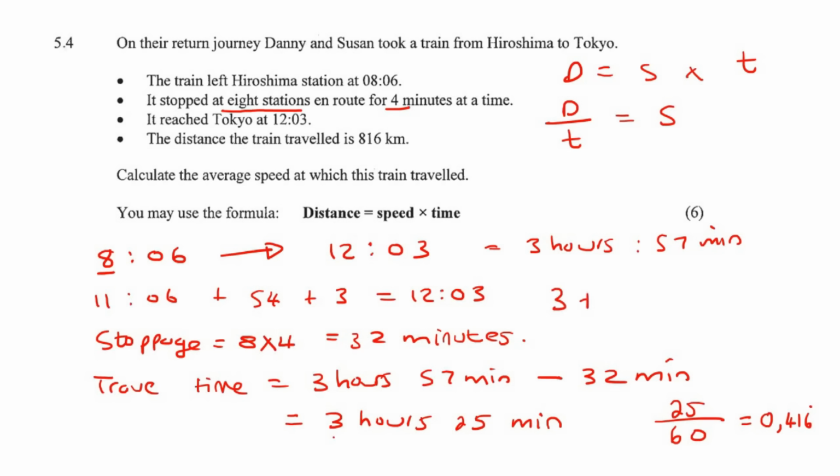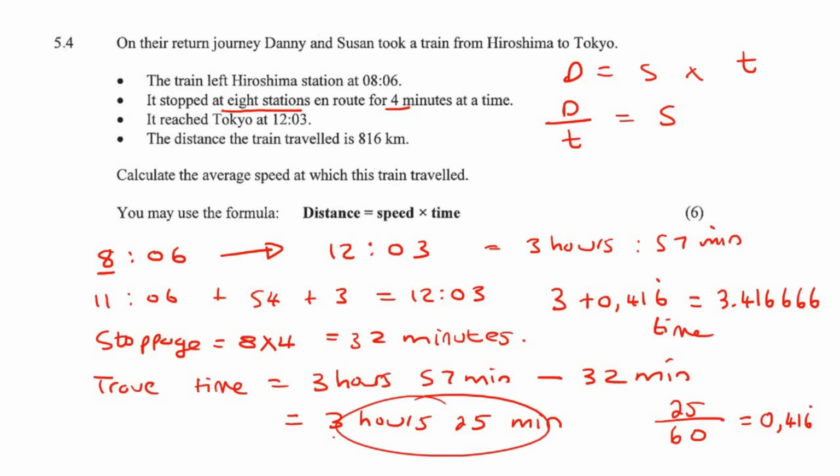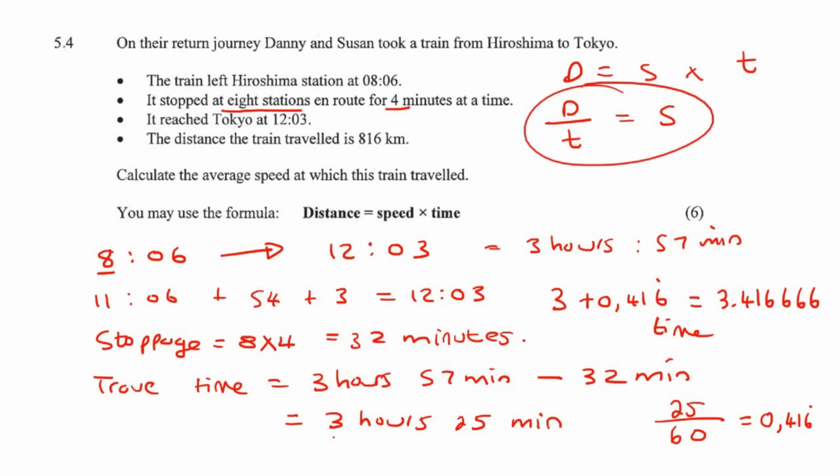Okay, so if you then say 3 plus 0.416 recurring, it's going to be 3.416666. And I guess we can keep 4 decimals like that. Okay, so that is the total time. A lot of learners are going to say 3.25, but be careful with that. It's not correct. Okay, so now we can use this formula.